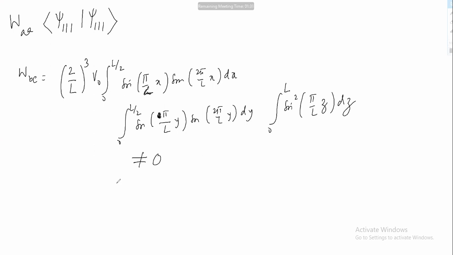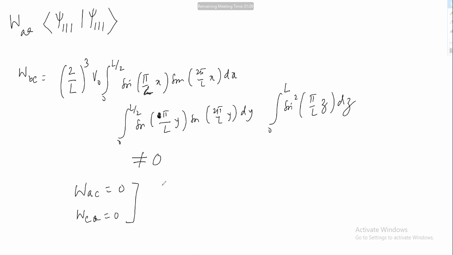While WAA, WBB and WCC turn out to be V0 by 4, you may see that WAC, like WAB, will also turn out to be equal to 0. And if WAC is 0, then that would imply WCA will also be 0, because one is the conjugate of the other.